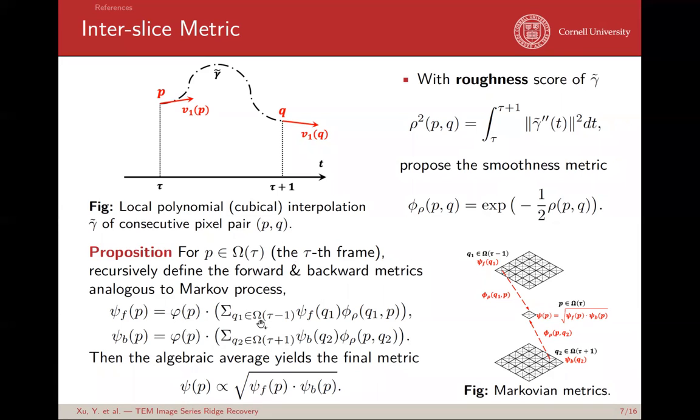Or recursively, the forward metric for P at time tau can be viewed as the propagation of the forward metric from the previous temporal slice at tau minus 1 with corresponding transition probabilities, multiplied by the intra-slice metric. Finally, we assign the algebraic average of forward and backward metric as a pixel weight, which will be used at the next step.